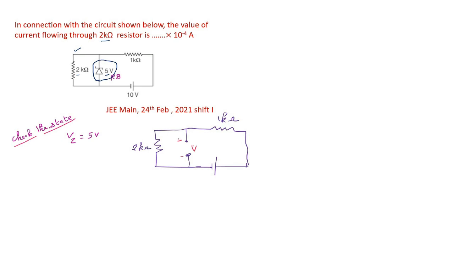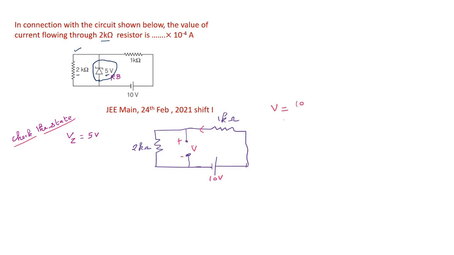So this is the circuit after removing the Zener diode. We have to find the voltage across this. If that voltage, represented as V, is greater than or equal to VZ, then we say the Zener diode is in the on state.